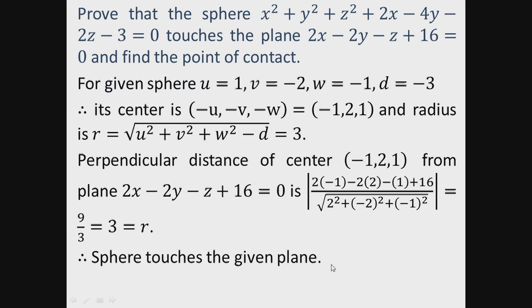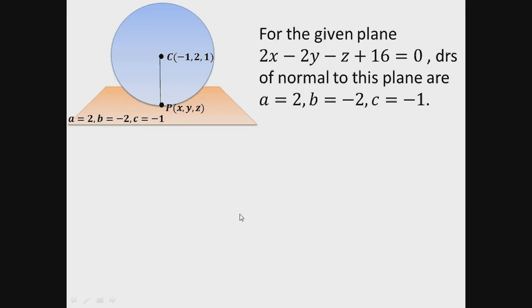The second part is we have to find the point of contact. So we know the center, we know the equation of the plane, that is 2x minus 2y minus z plus 16 equal to 0. Then these coefficients of x, y, z are nothing but the dr's of the normal to this plane, that is a is 2, b is minus 2, c is equal to minus 1.